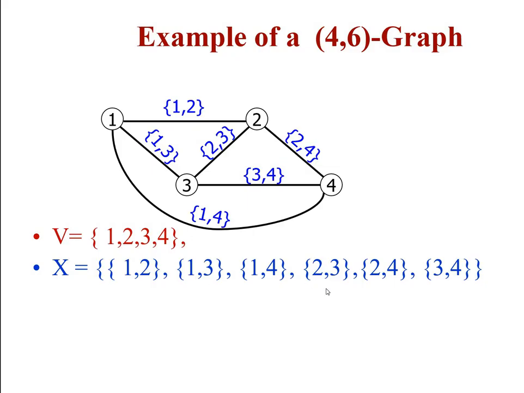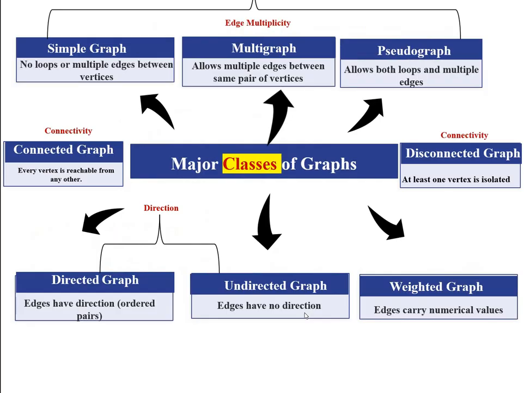So these are vertices, these are edges. So it's a 4-6 graph. When we have a directed graph, if it is from 1 to 4 but not from 4 to 1, then we will have an arrow mark. But here, we are just mentioning a graph only.